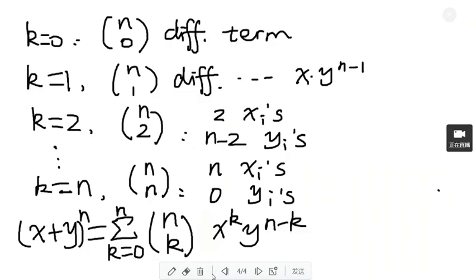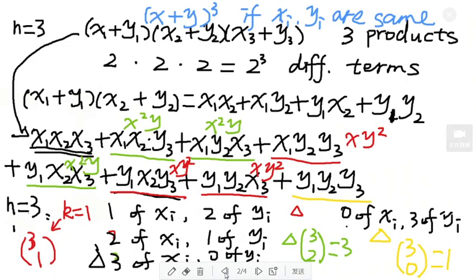Let's come back to my note. So how can you expand x plus y cubed? If we let all the x's and y's be the same, I'm going to answer. I know it's a little messy in my note, okay? I just continue here and you have all the notes here.